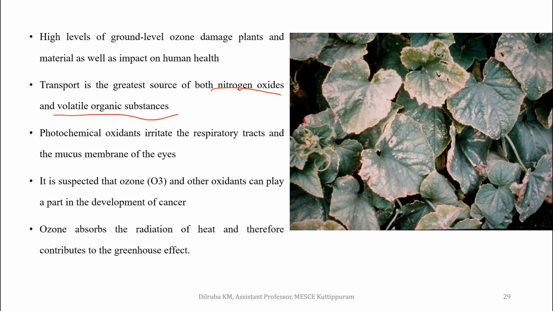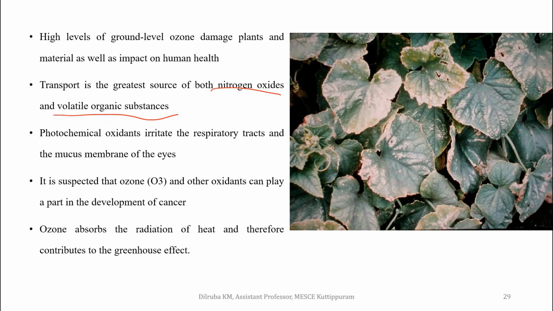So, photochemical oxidants irritate the respiratory tracts and the mucous membrane of the eyes. It is suspected that ozone and other oxidants can play a part in the development of cancer. Ozone also absorbs the radiation of heat and therefore contributes to the greenhouse effect as well.